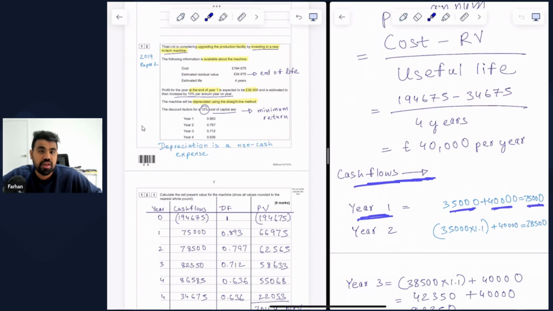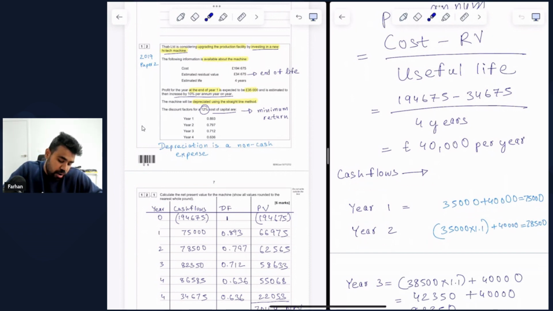In year 2, we understand based on the requirements of the question that profit is supposed to increase by 10% every year. What that means is if you want to increase profit by 10%, you take the profit from the previous year, which is 35,000, and then multiply with 1.1. So 1.1 here refers to the 10% already incorporated in our calculations.